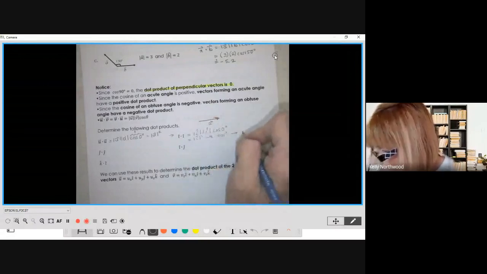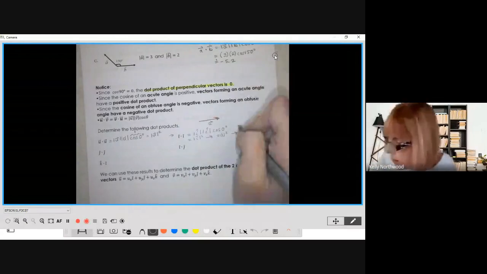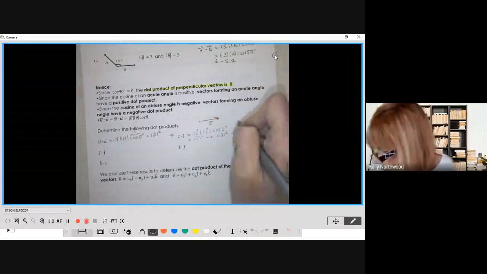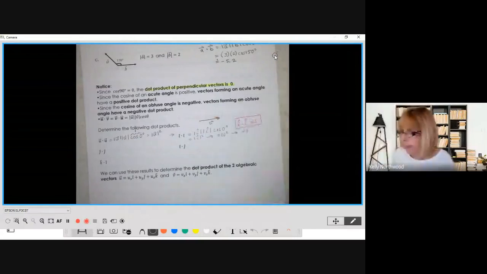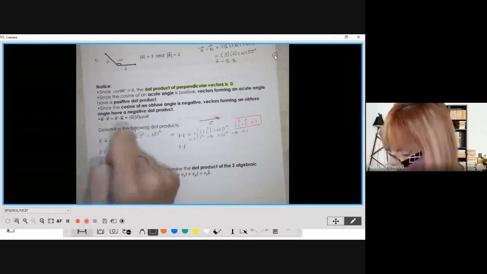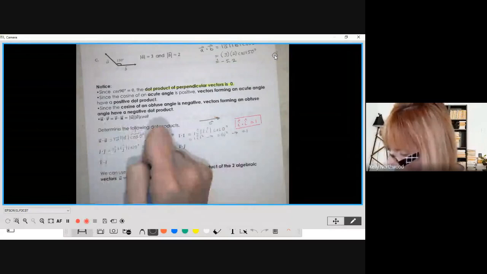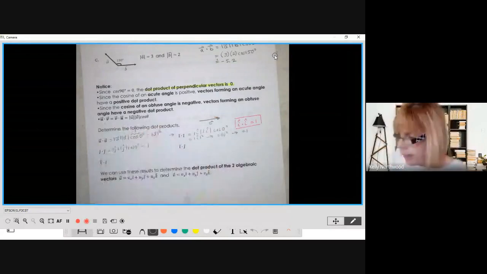So i hat dot i hat is 1. That's important to know. i hat dot i hat is equal to 1. Similarly, j hat dot j hat is going to equal 1 as well, because it's going to be the magnitude of j hat times the magnitude of j hat times the cosine of 0, which is going to be 1 again. Because 1 times 1 times 1.